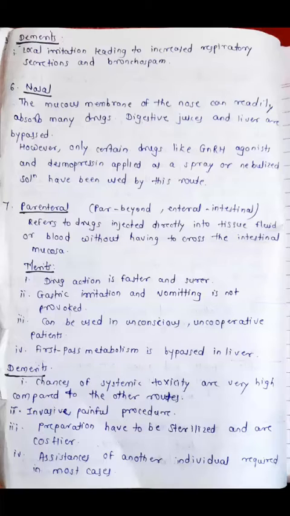Drug given by the nasal route will not cross digestive juices, and the liver is also bypassed. However, only certain drugs like GnRH agonist and desmopressin applied as a spray or nebulized solution have been used by this route. So only a few drugs are used by this route.